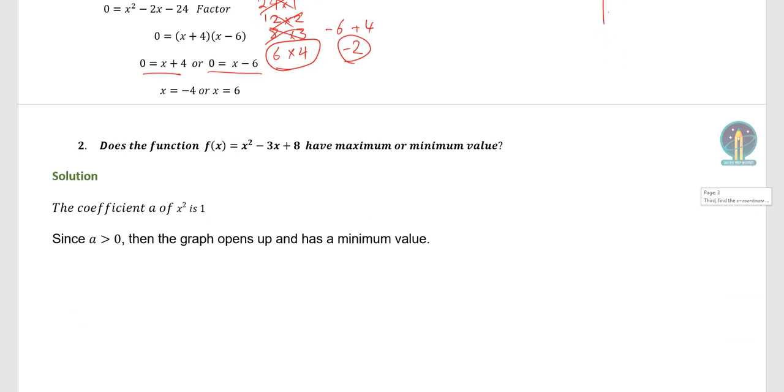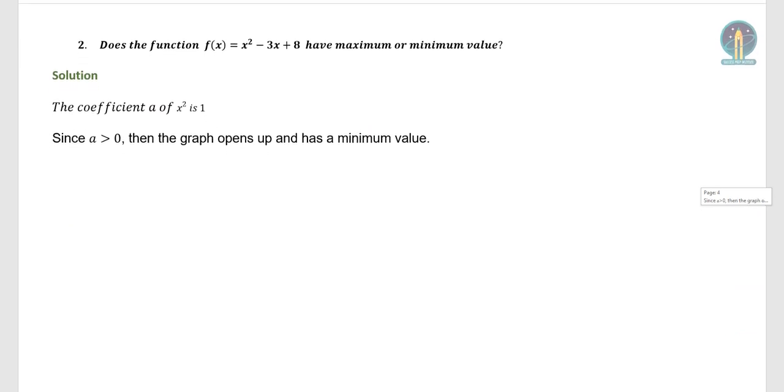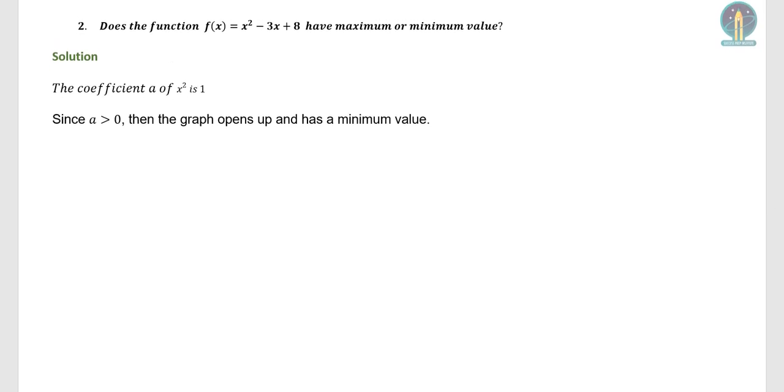Let's look at another quick example. And this has to do with testing for a minimum or maximum value. So does the function f of x equals x squared minus 3x plus 8 have a maximum or a minimum value? Again, remember that having a maximum or minimum value depends on the coefficient of the quadratic term. Here it's plus 1, a positive number.